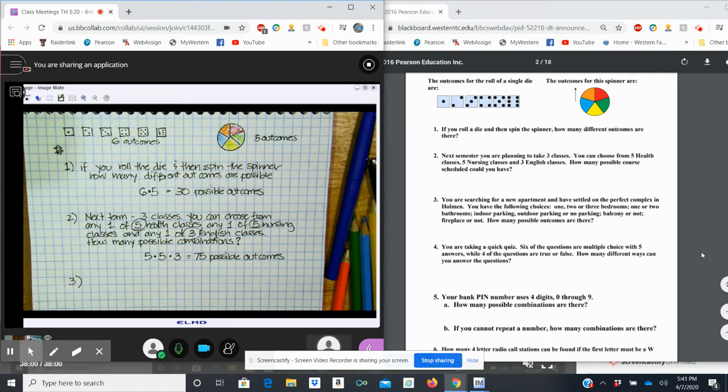All right. Let's try the third one. Okay, you're searching for a new apartment. You've settled on the perfect complex in Holman, and you have the following choices. You could choose a 1, 2, or a 3 bedroom. You could have 1 or 2 baths.